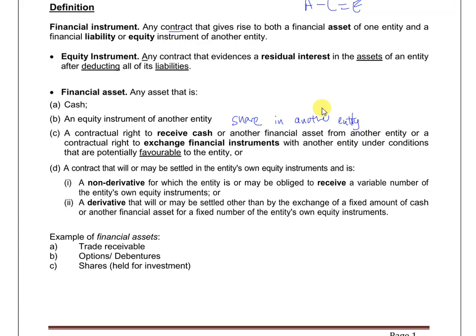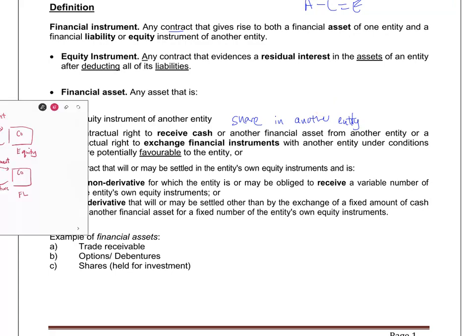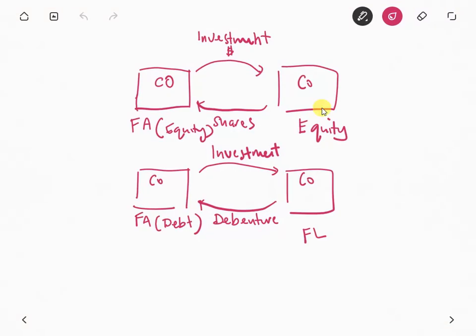So example here. I have a financial asset. It can be cash, A. It can be an equity instrument in another entity, B. What is C? A contractual right to receive cash or other financial asset, or a contractual right to exchange. Can you see this example here? When I invest in this company, I buy their debenture.